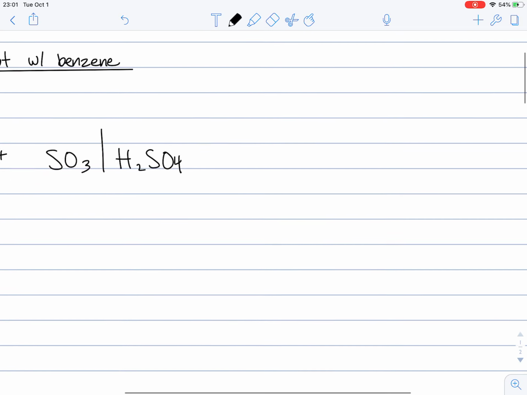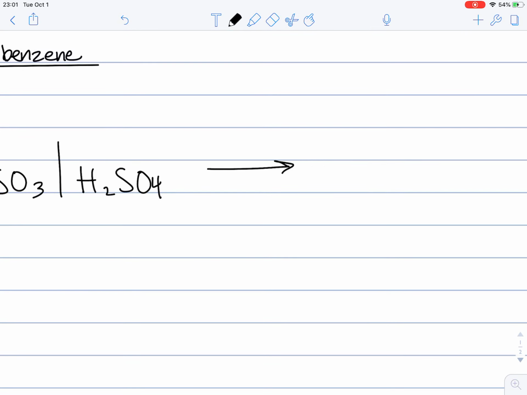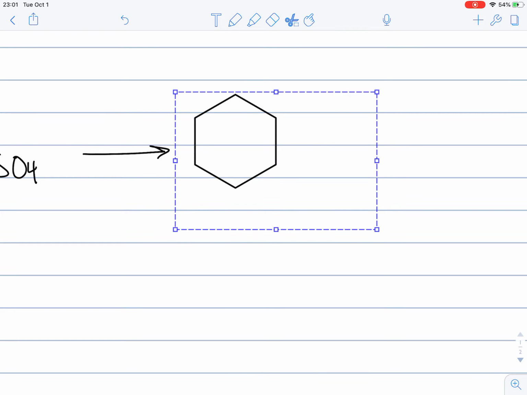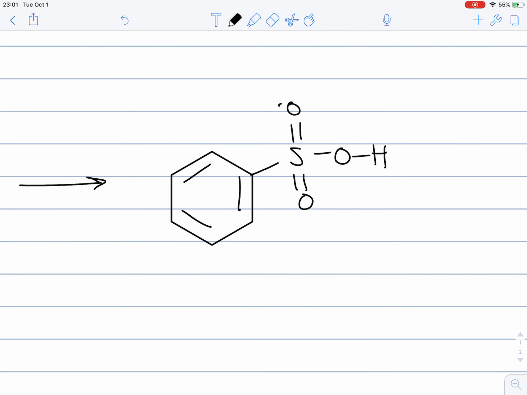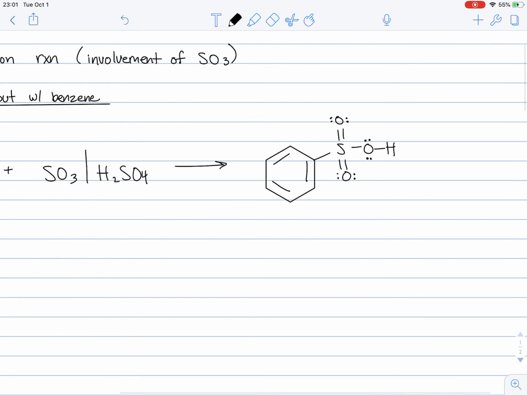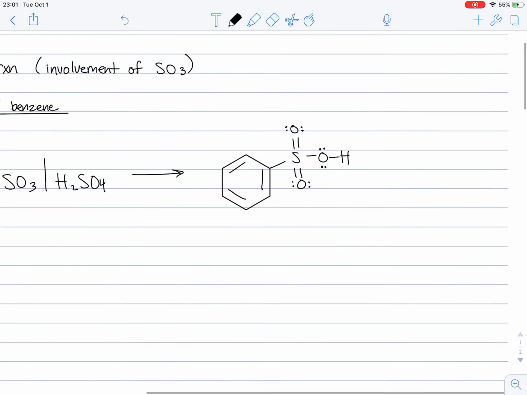So basically the product is going to be this. Of course, we have our electrons. You must write your electrons because you want to keep track of your electrons.